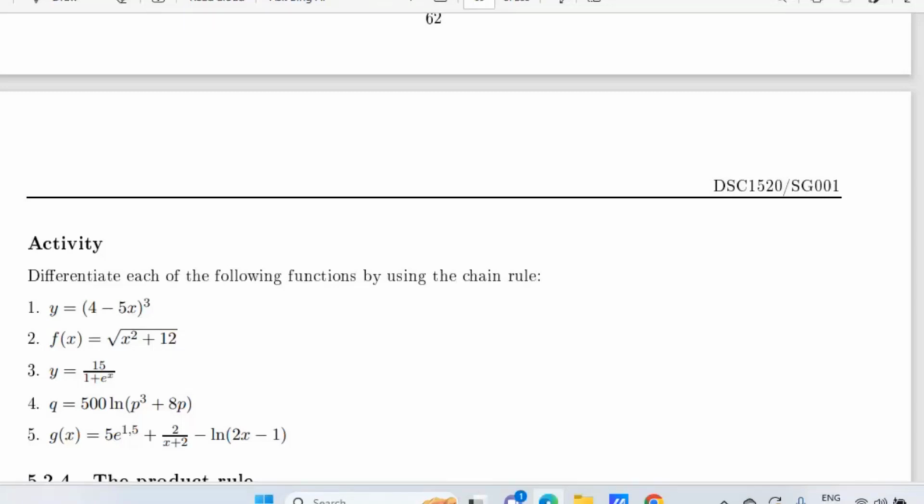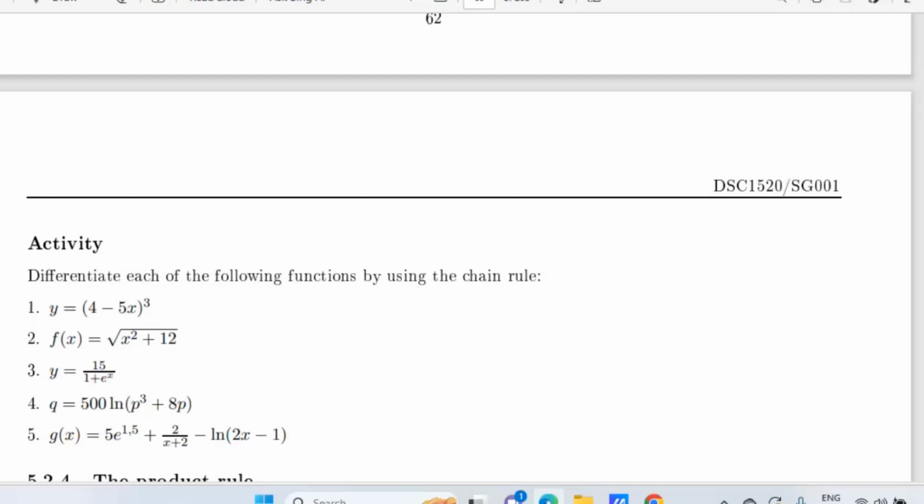Okay, I also got that one. Which one? -2 over open bracket x plus 2 close bracket to the power 2 plus 2 over 2x minus 1.